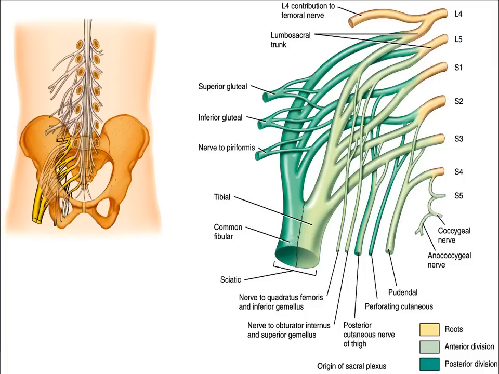So interesting is that the tibial portion of the sciatic nerve has contribution from S3, whereas S3 does not contribute to the common peroneal portion of the sciatic nerve, and that explains why the S3 dermatome is independent of the common peroneal nerve. It's more associated with the tibial nerve.